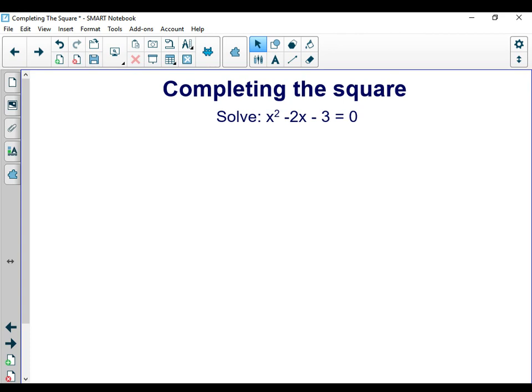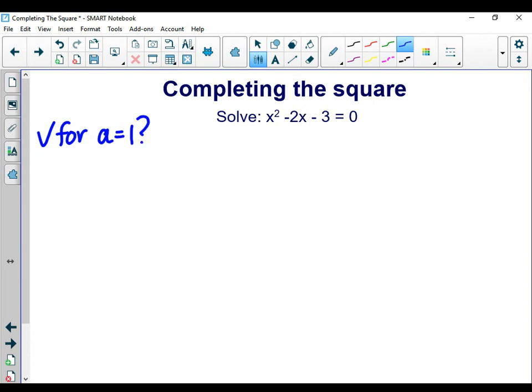All right. So first thing you're going to check for is, is A equal to 1? You cannot complete the square unless A is 1. You can manipulate it so that A equals 1, but you can't just jump right into completing the square if A is not 1. Okay?